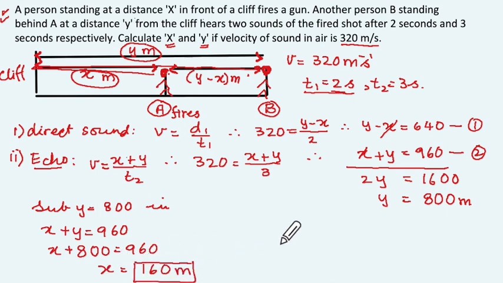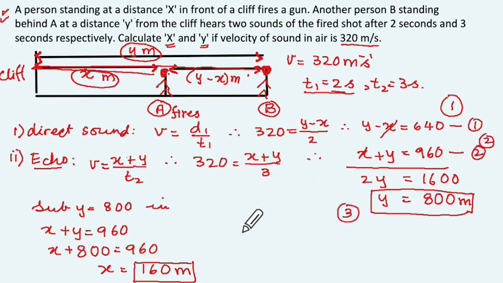We have found the value of x and the value of y. To get equation 1 they can give you 1 mark, to get equation 2 you get the second mark, then the value of y gives the third mark, and the value of x is your fourth mark. So you will see that this becomes a 4 mark question.